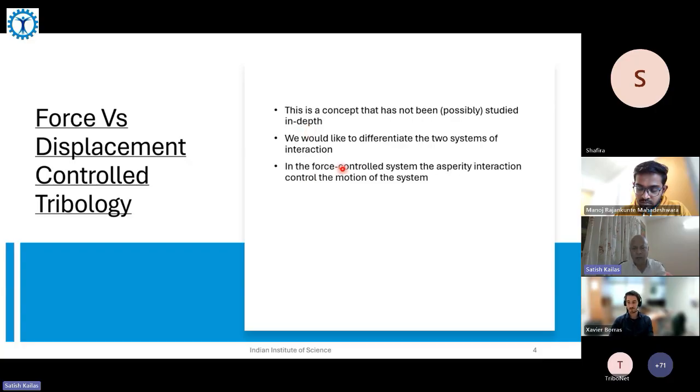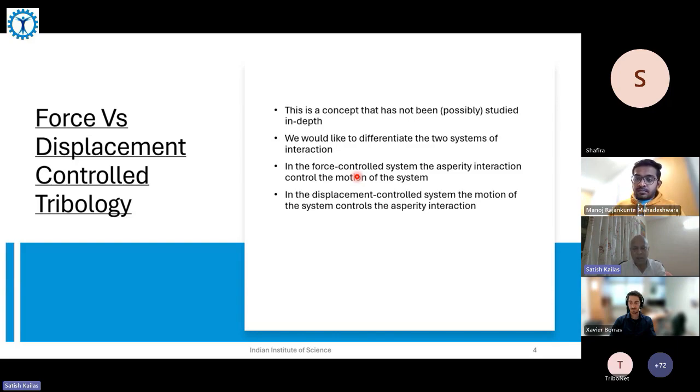So in a force control system, the asperity interaction controls the motion of the system. In other words, the kind of interaction that takes place between two surfaces will be dictated by the forces that are produced during the asperity interaction.